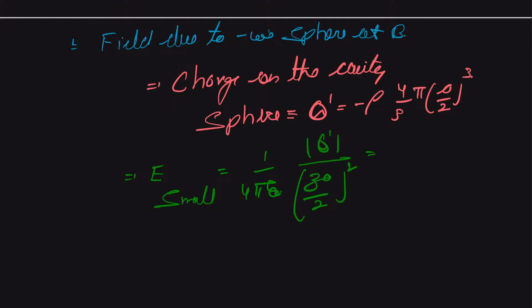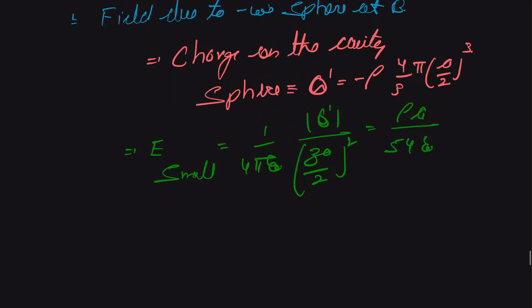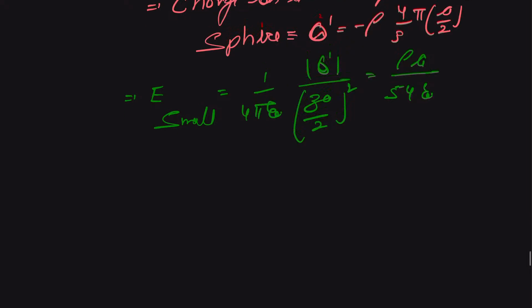If you substitute q prime and everything, it comes as rho A by 54 epsilon naught, and its direction will be towards O prime.